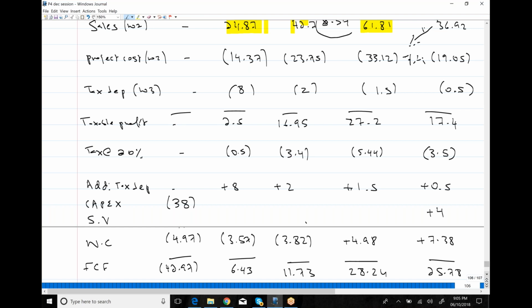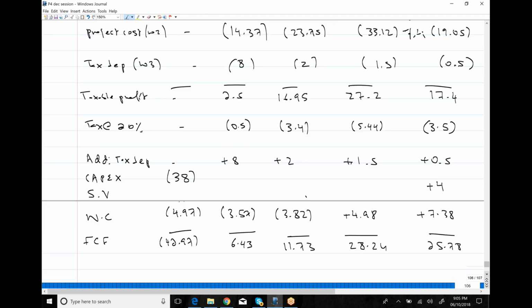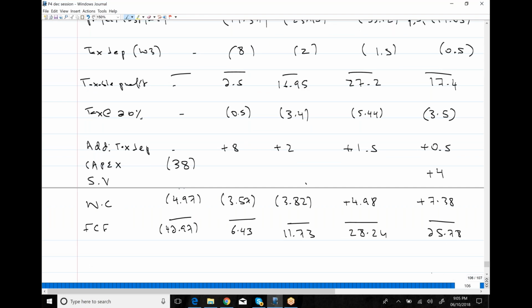Okay, now you will discount them. So we are computing base case NPV. In base case NPV, you will use KE for discounting, right? So for KE, we have to do a working.